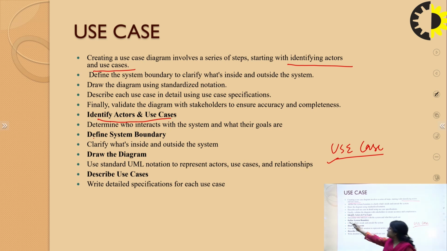Next is defining the system boundary, clarifying what is inside and what is outside the system. Next, we draw the diagram using different UML notations to represent actors, use cases and relationships. And at the end, we describe use cases, writing detailed specifications for each use case.